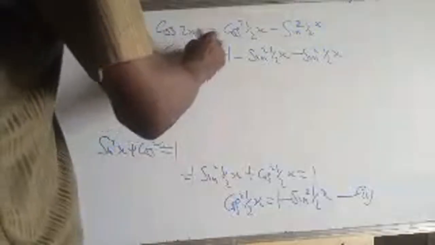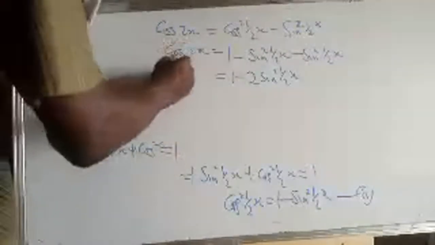Beautiful, so I've regained it. Now my cos square half x is 1 minus sine square half x, minus sine square half x. So that is my cos 2x. This will be 1 minus sine square half x minus sine square half x, which is 1 minus 2 sine square half x. That is our cos 2x now.